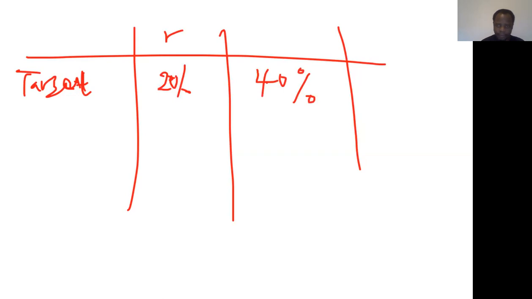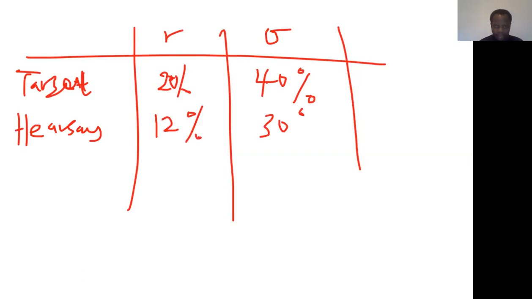So this is the target. And here, stock C has an expected return of 12% and a volatility of 30%. And these stocks are uncorrelated. If they are uncorrelated, then the correlation equals 0. What is the expected return and volatility of an equal weight portfolio of these two stocks?